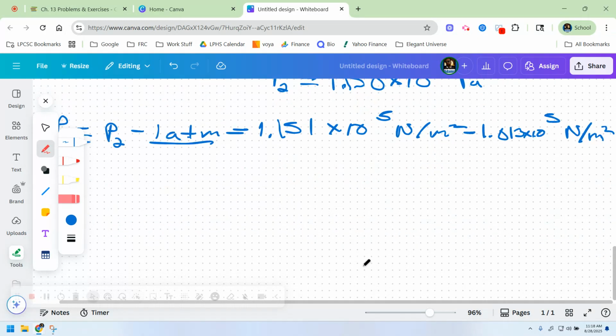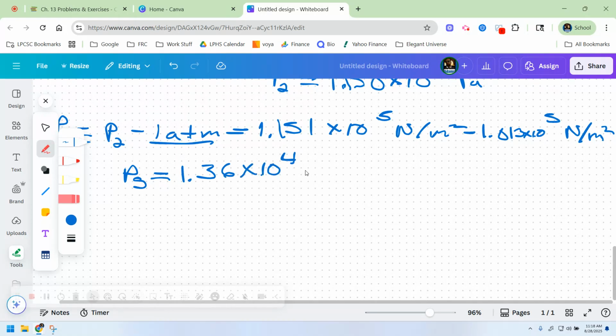Now that's important because to do part B, the last thing is we're going to compare the differences in pressure. The original PG was I think 1.36 times 10 to the 4.